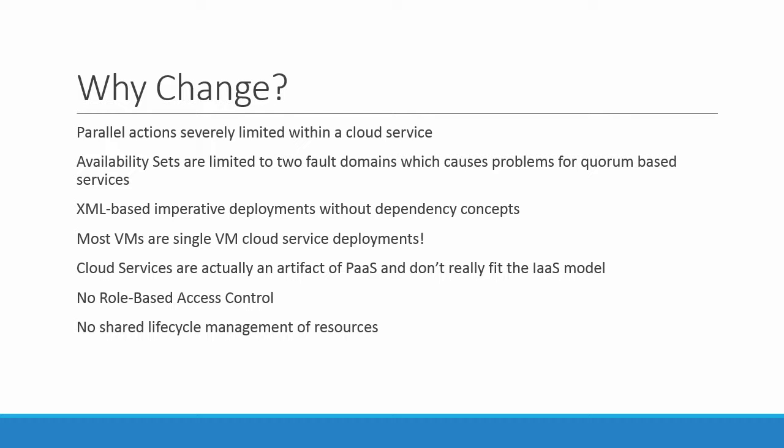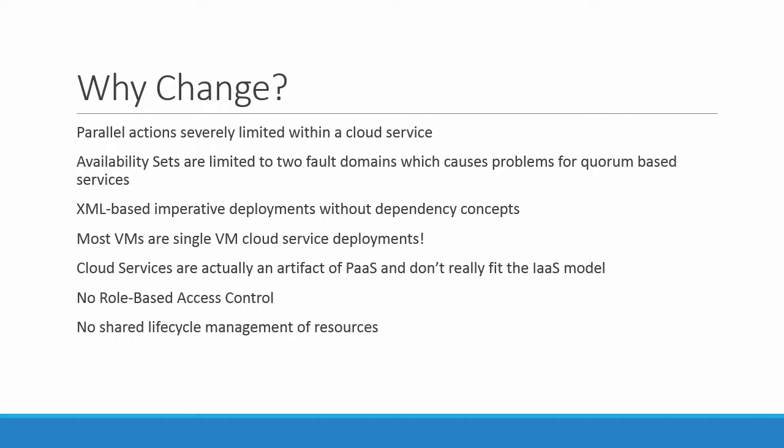So even if I added 8 virtual machines all running IaaS to an availability set, I would be split over 2 fault domains. I'd have 4 on each. Well, that could cause problems for applications that were quorum based, because quorum says I want the majority. Well, if I can only split 2 ways, generally I'd have half and half, which would not be quorum. So that was a problem, the fact that I only had 2 fault domains for my availability set.